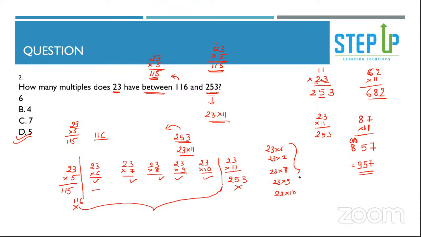All these numbers will be there between 116 and 253. If I have to do it quickly, I will not waste my time writing 23 into 6, 23 into 7 and so on. I just know 23 into 5 is 115, 23 into 11 is 253. So there will be 5 multiples, 6, 7, 8, 9, 10. So the answer will be what? 5.